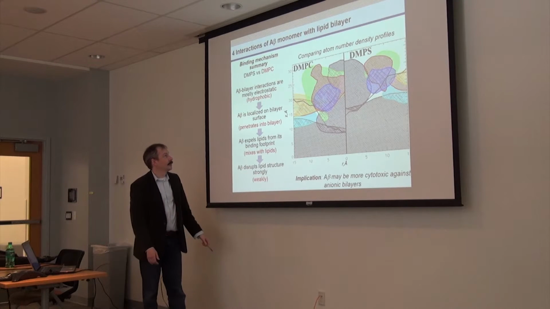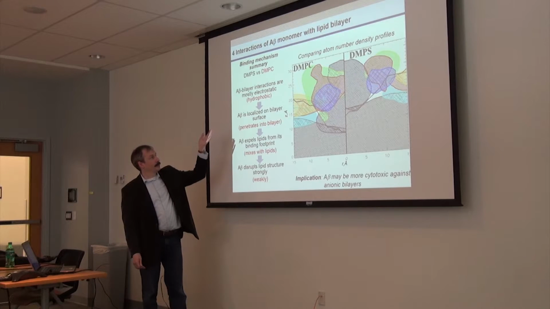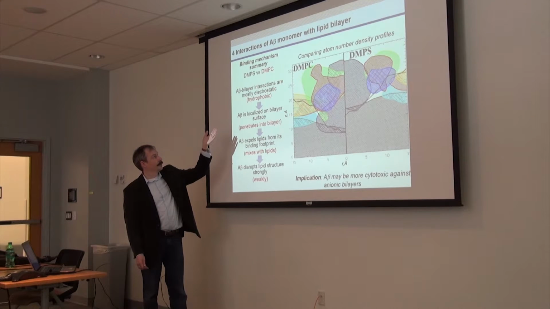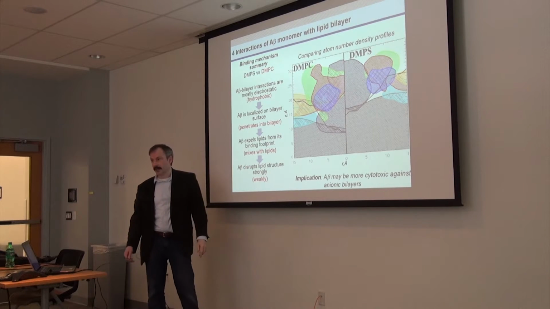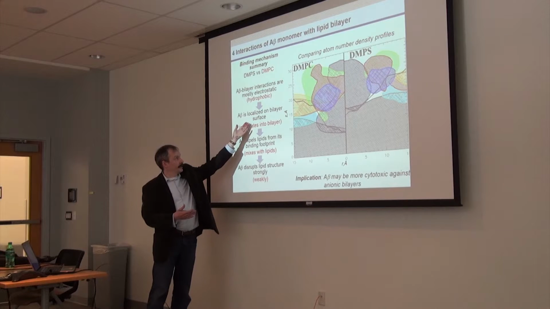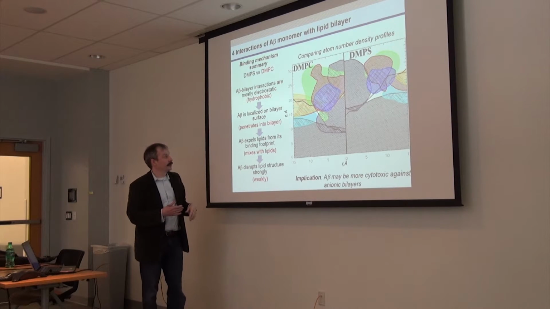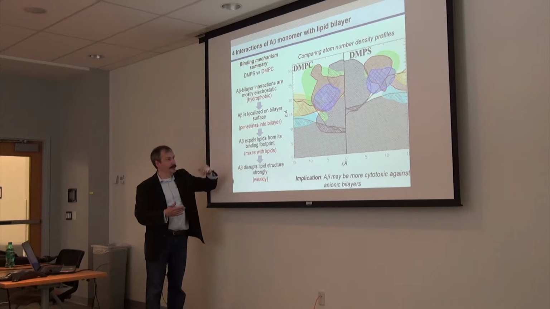In red, it's the zwitterionic bilayer. When the peptide binds to the zwitterionic bilayer, it utilizes mostly hydrophobic interactions, but to the anionic, it's mostly electrostatic interactions. The peptide tends to be localized on the anionic bilayer, whereas in the zwitterionic, it penetrates deeper into its hydrophobic core.